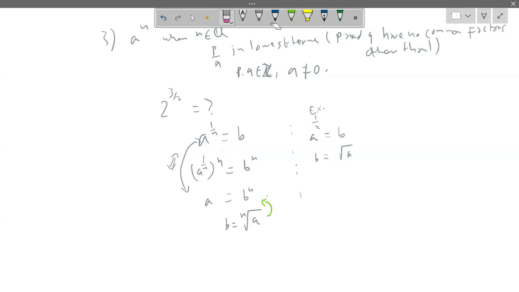Same goes if we want to find a value of c that fulfills a to the power of 1/3 equals c. c is equal to the cube root of a.